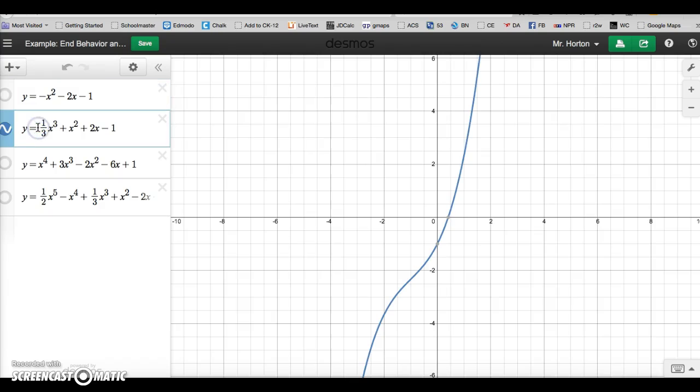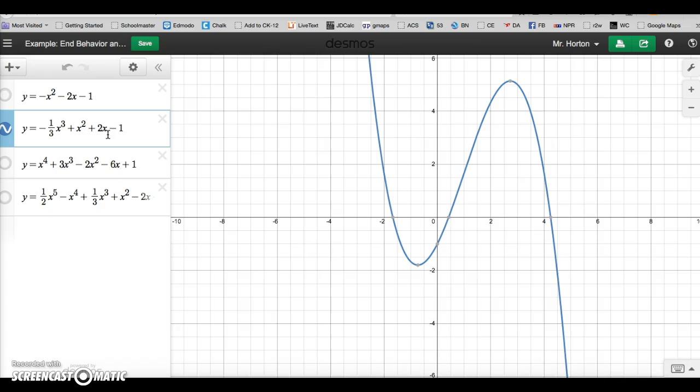Again, watch what happens when we change the sign of the leading coefficient. Now our end behavior is up on the left-hand side and down on the right-hand side. So it's the opposite of what we would initially expect from a third degree polynomial.